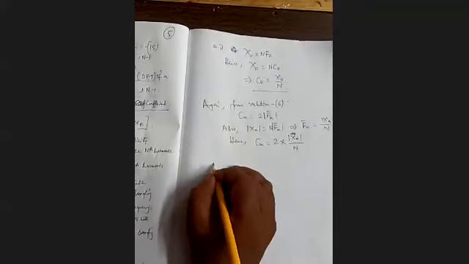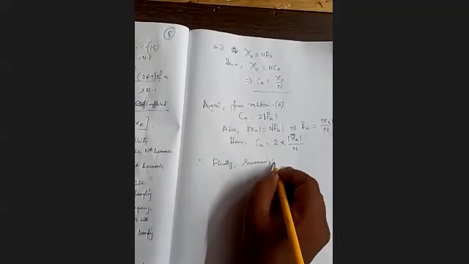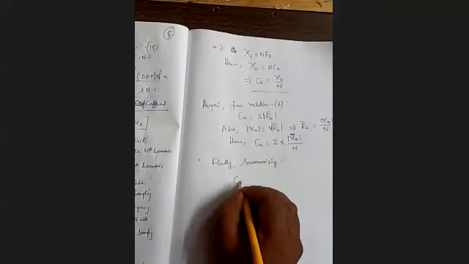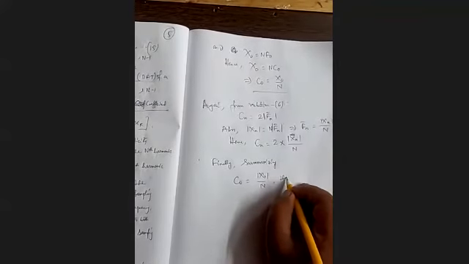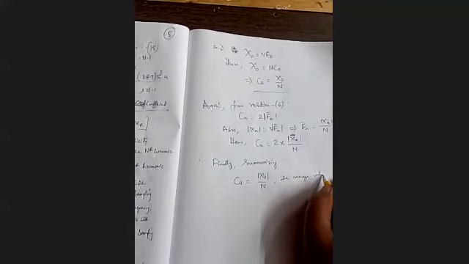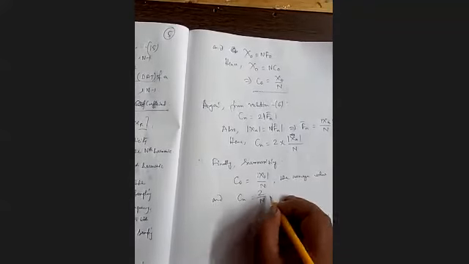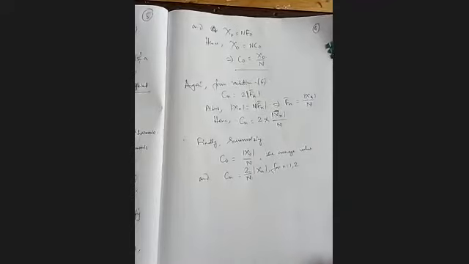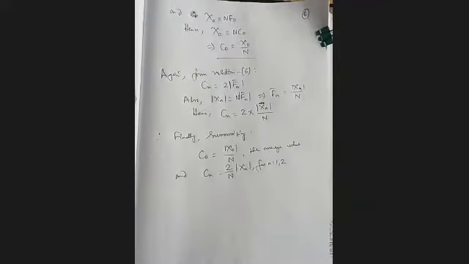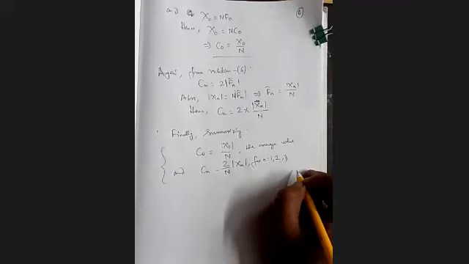So finally, summarizing, we get C0 equal to mod of X0 by N, the average value or the DC component, and Cn equal to 2 by N into mod of Xn for n equal to 1, 2, 3, this way. This is relation number 16.